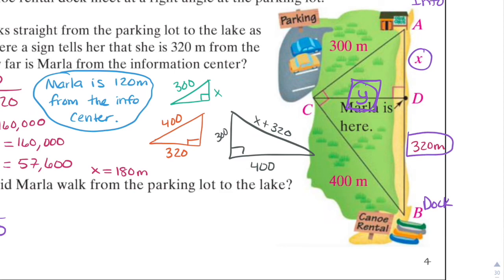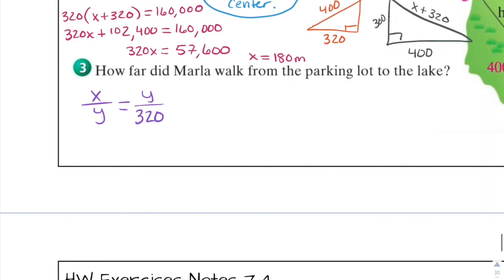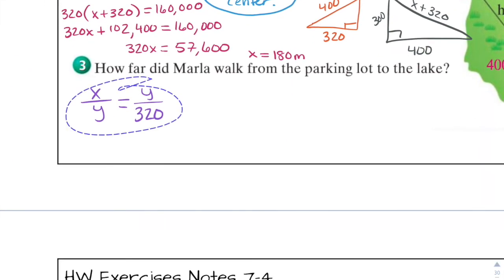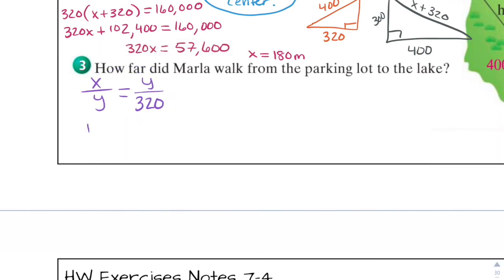So I'm doing short side is to long side as short side is to long side. The thing is, I do know what x is, so I'm just going to substitute in my value.